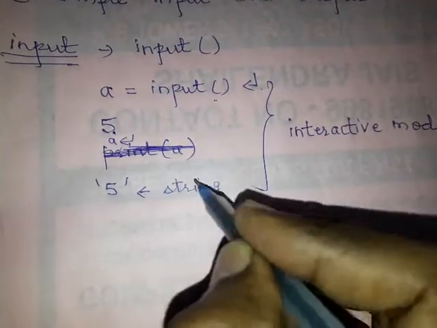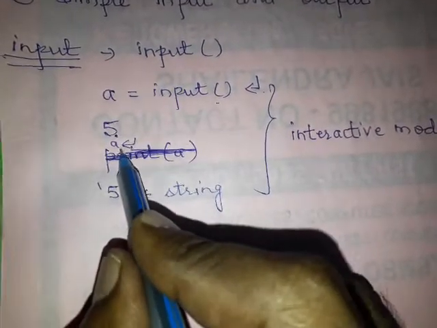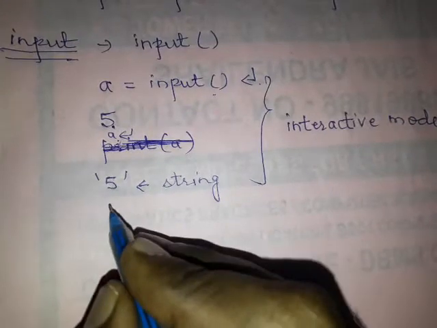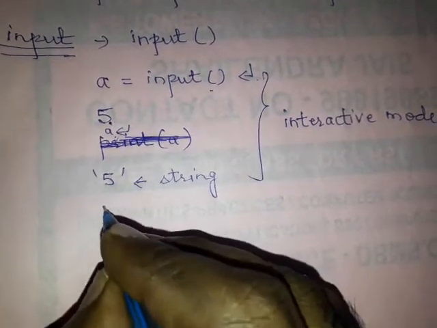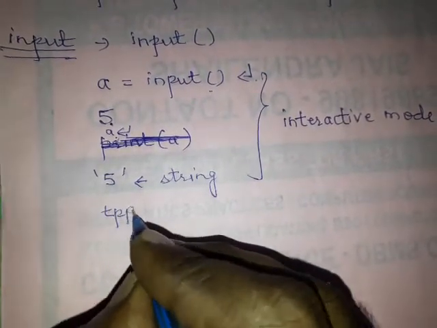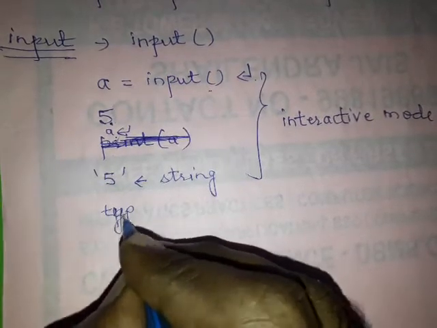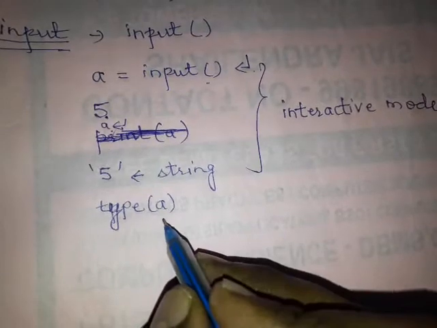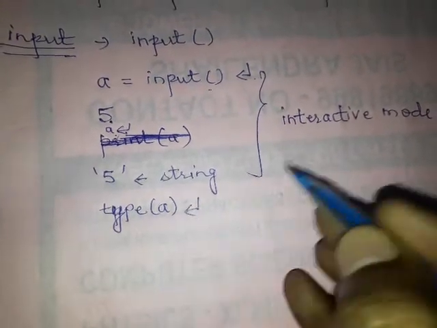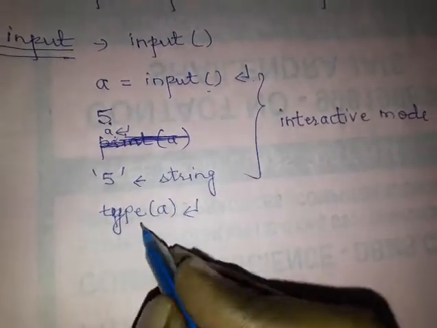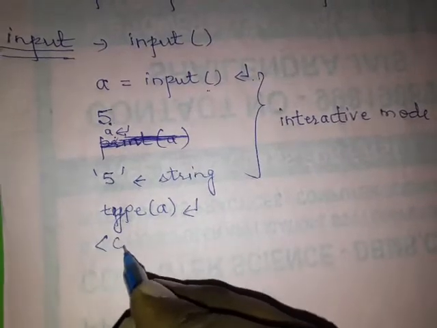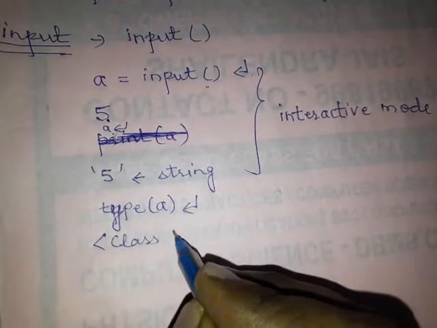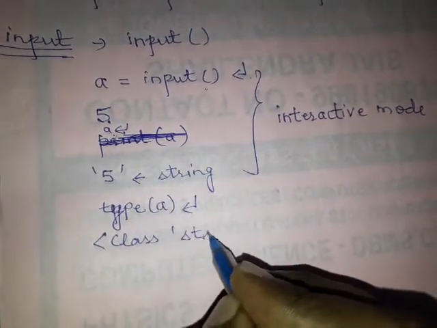If you want to check the type of variable a, you write type a and press enter in this interactive mode, and it will give class str.